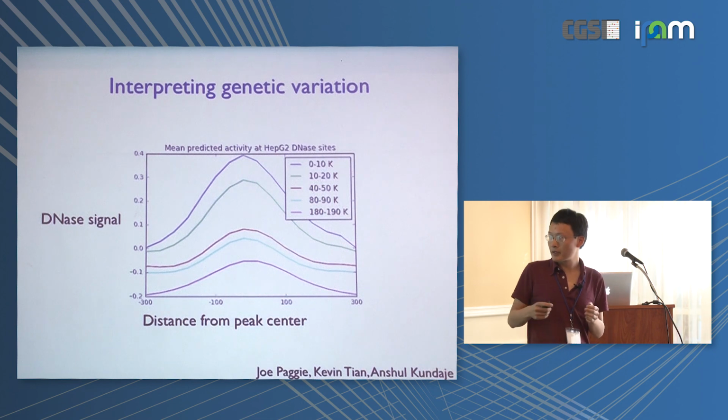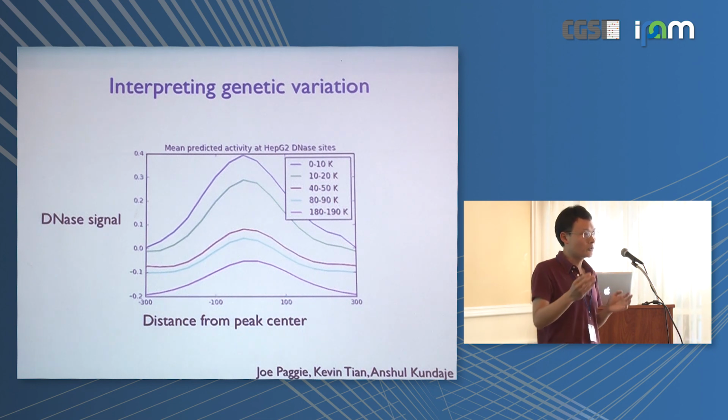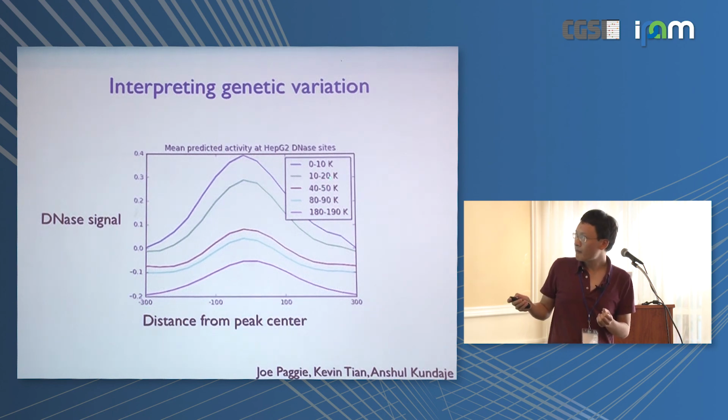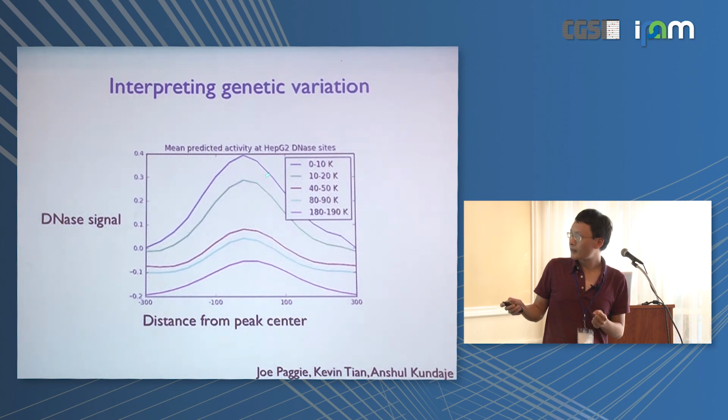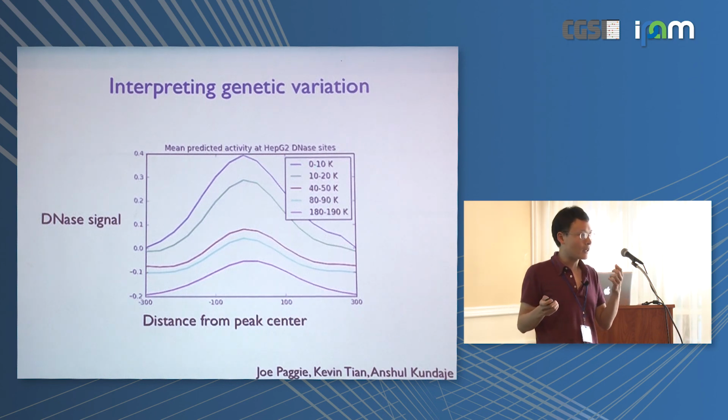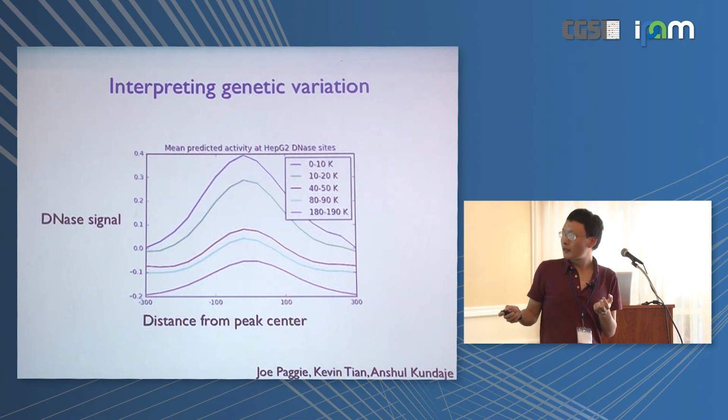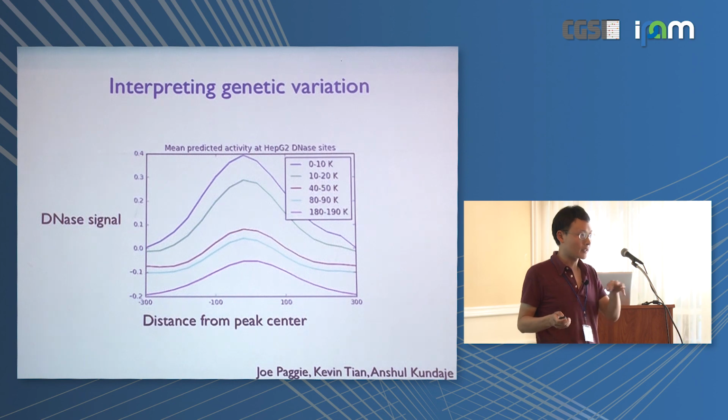So what we can do here is bin the true genomic sequences by their observed chromatin signals, from the highest peaks to the lowest peaks. And what you see here is that the peaks with the highest predicted importance scores also have the highest DNA signal. So there is a very clear monotonic relation between the importance scores predicted by the algorithm and the actually measured chromatin signals.